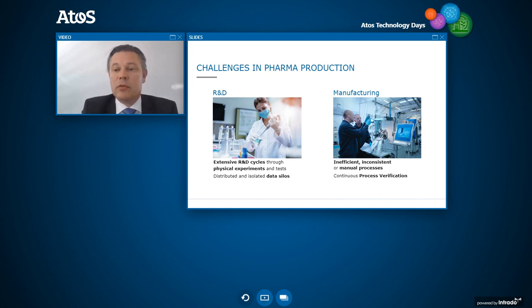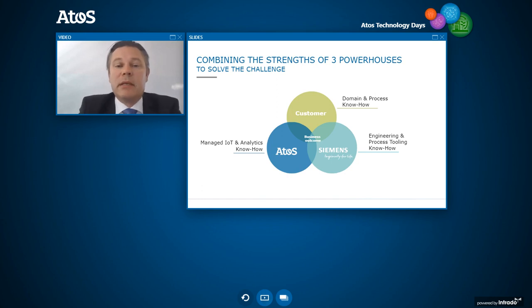Now, how to solve that? We realized that we needed to solve it in a totally new and different way. So we needed to have more knowledge than we could contribute from Atos on our own. So we looked at the customer to help us to provide domain know-how on their own products and on their processes. But we also needed the right domain know-how on the shop floor and the solutions that are used there.